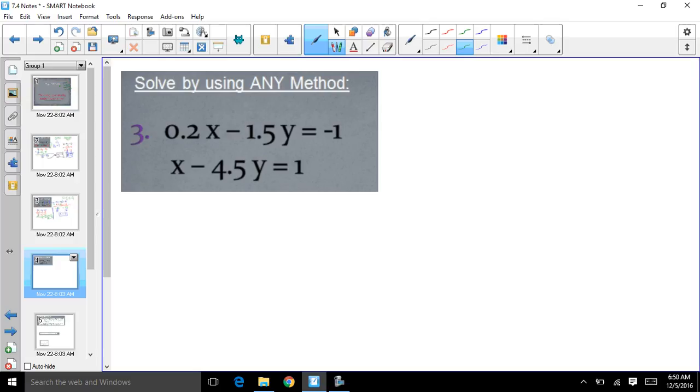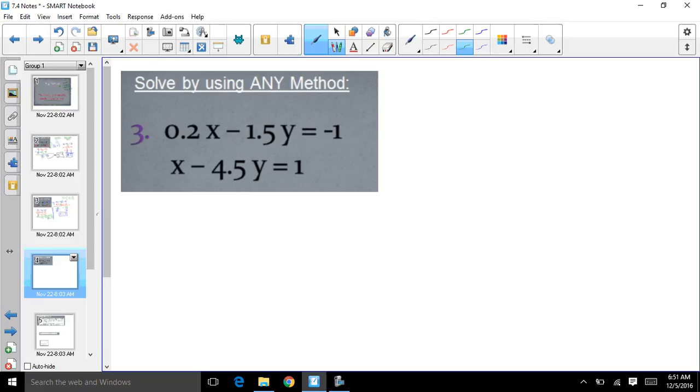All right, moving on. Ooh, solve by using any method. Well, here's the thing. I've got decimals here. I've got all kinds of stuff going on.